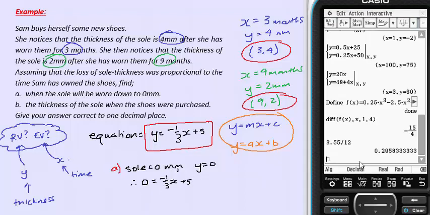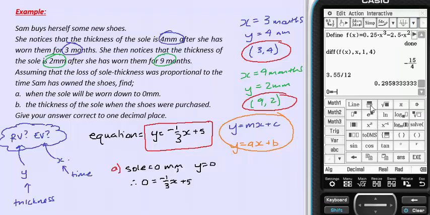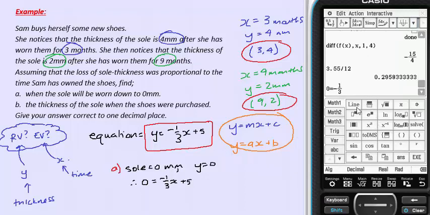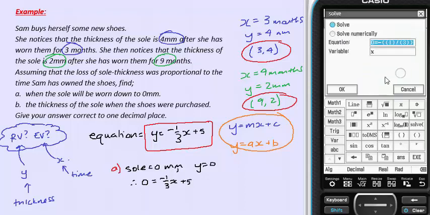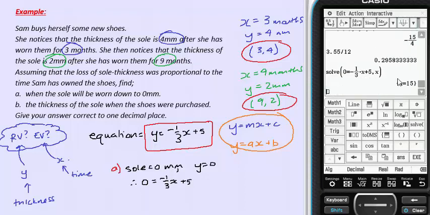I'll go to main and write in 0 equals negative a third x plus 5, and I'm going to solve that for x. There are lots of different ways I can solve, but I like this method. And I end up with x equals 15.